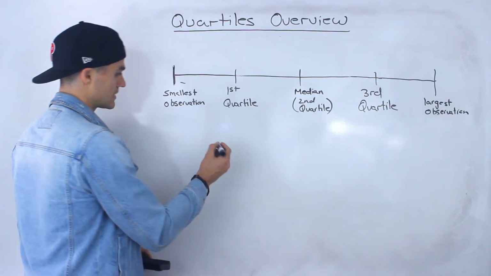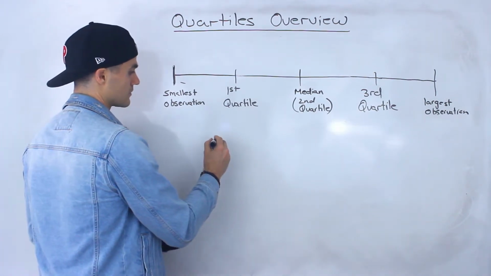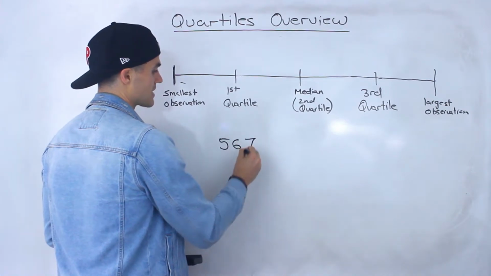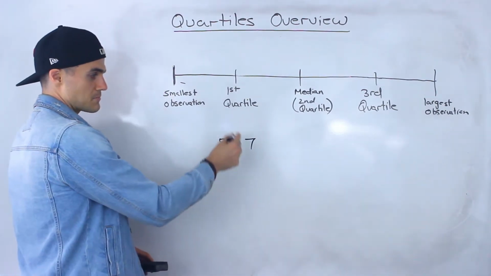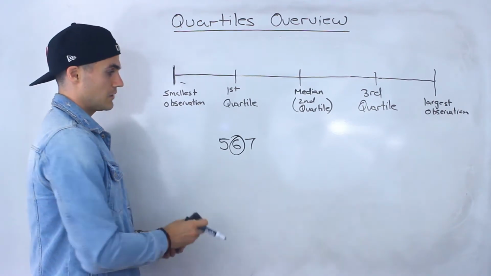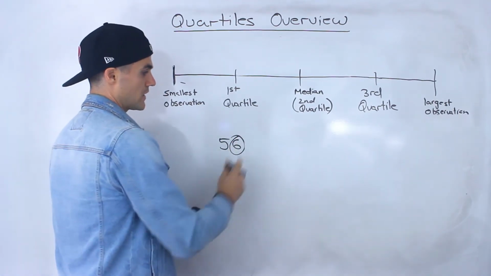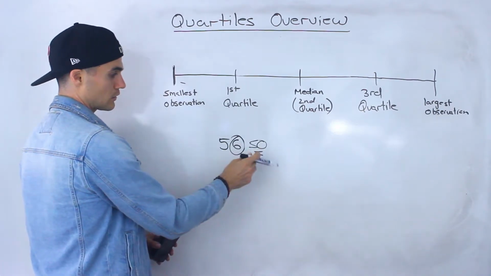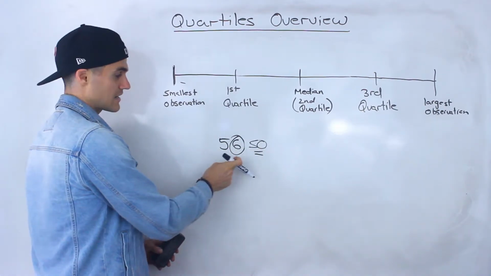So for example, let's say that we had a set of data with just 3 observations: 5, 6, and 7. Notice that the median of this data is this 6 over here. But let's say that instead of this 7, we had a 50, which would be an outlier if we look at how it compares to this set of data here.